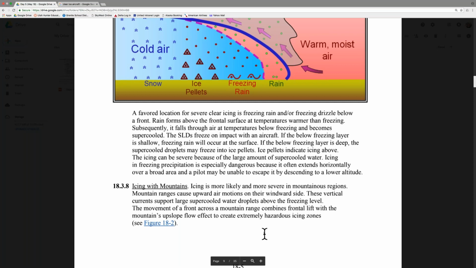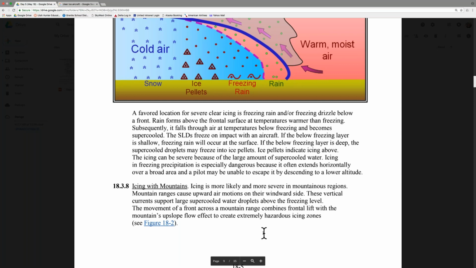But basically, we want to stay out of anything that has the potential for severe icing. Don't want to be anywhere near the ground when that potential is there. So icing is more likely and more severe in mountainous regions.